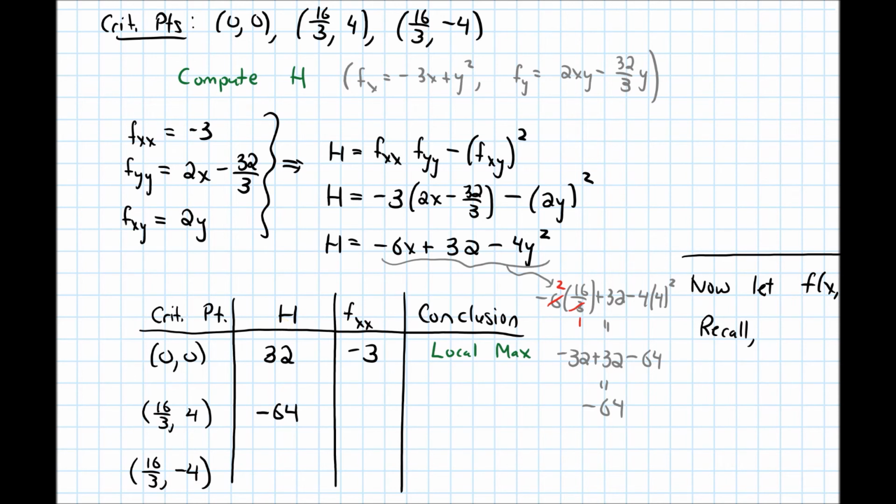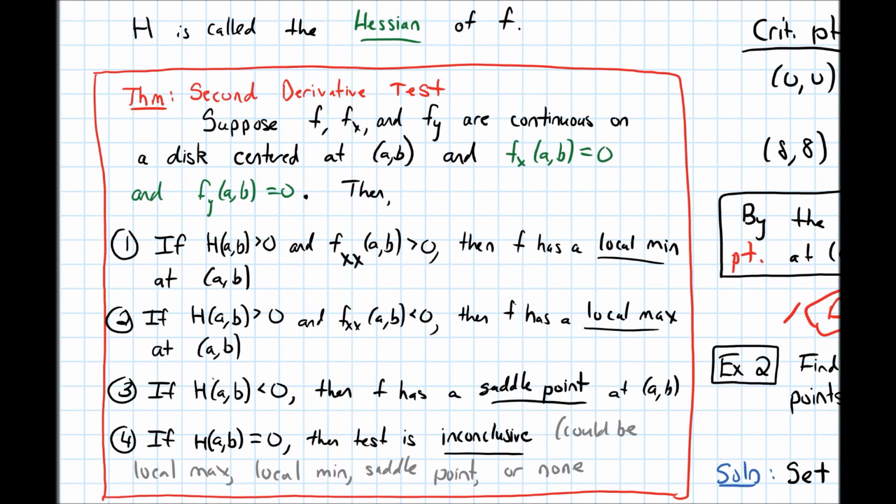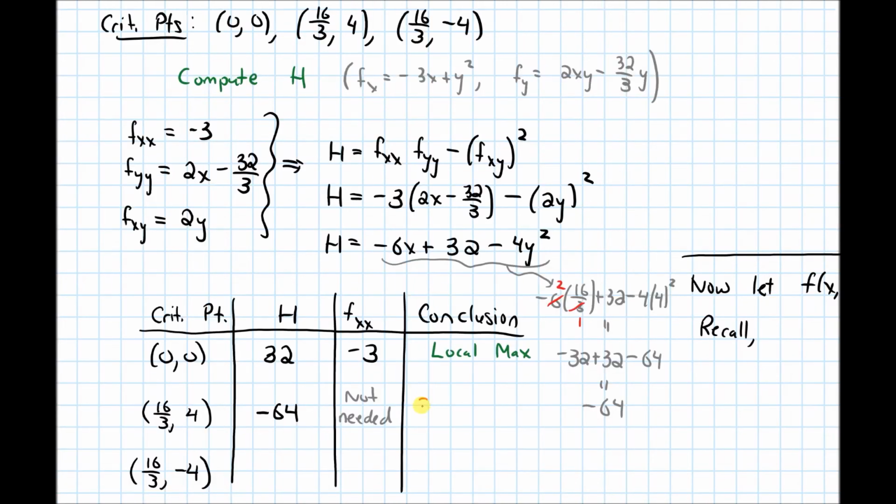And when H is negative, we do not need to know fxx. We actually know the conclusion already. What case is this? H is negative. That is case 3. H is negative, so we have a saddle point. So let's flip it back to our table. All right, so saddle point here. And it turns out that when we plug in 16 over 3 for x and then negative 4 for y, we get the same thing as when we plugged in the critical point above.